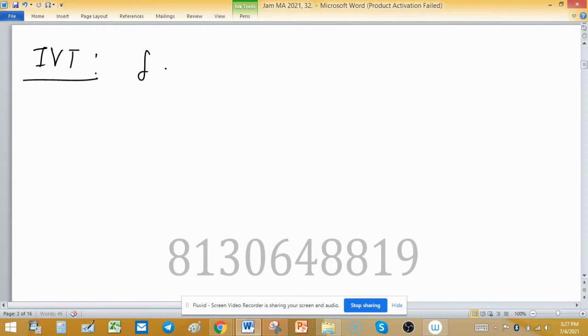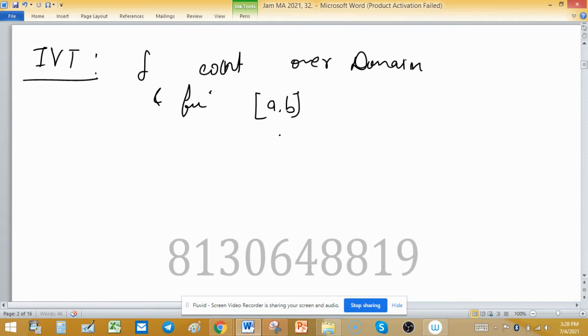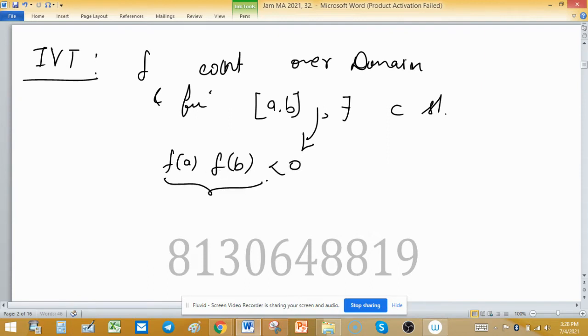This says if a function f is continuous over the domain, and also continuous inside the interval, then there exists a c such that, given the hypothesis that f(a) times f(b), the product of the values at the endpoints of the interval, is negative, there exists a c between a and b such that f(c) is 0.